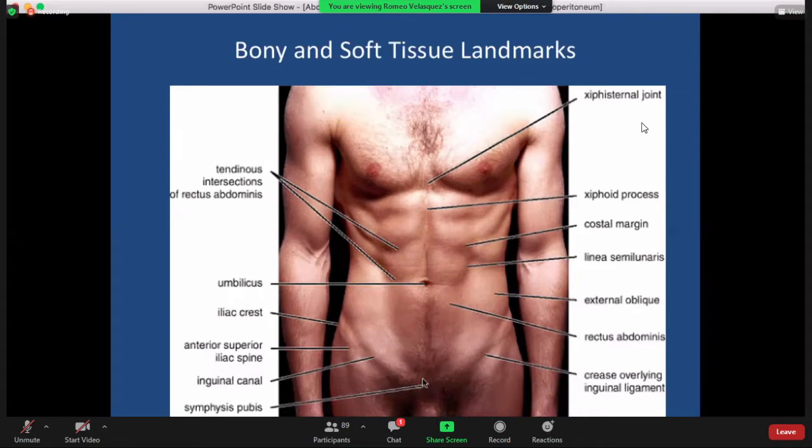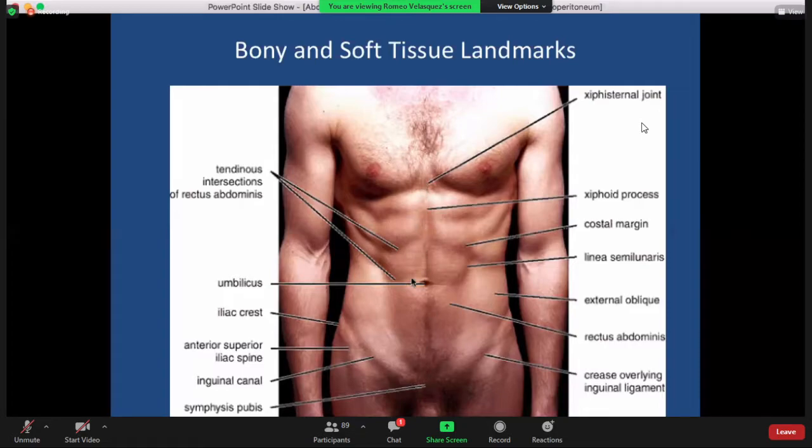And just to point out to you, this is the entire position where you will find upon dissection or during surgery the linea alba. It's in the midline, and you will get to know more on the linea alba later. This is just the soft tissue landmark.